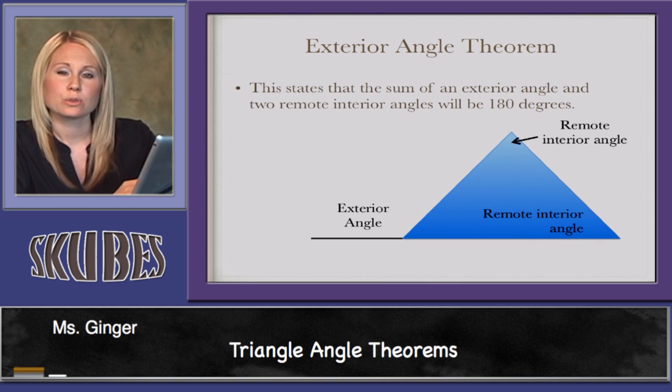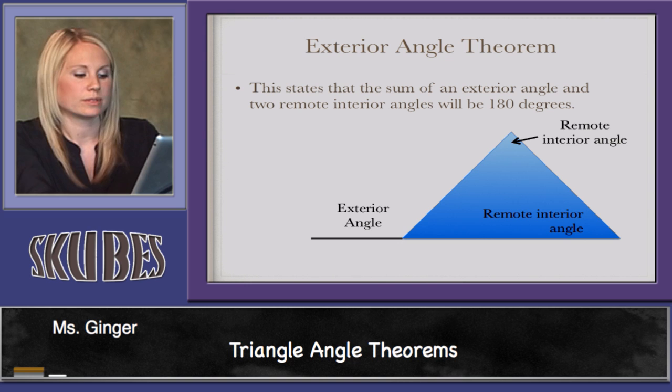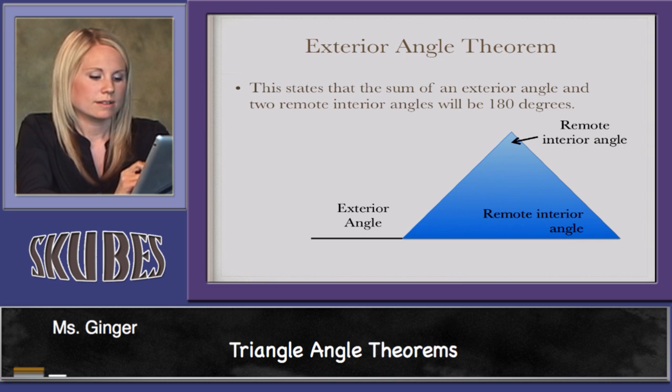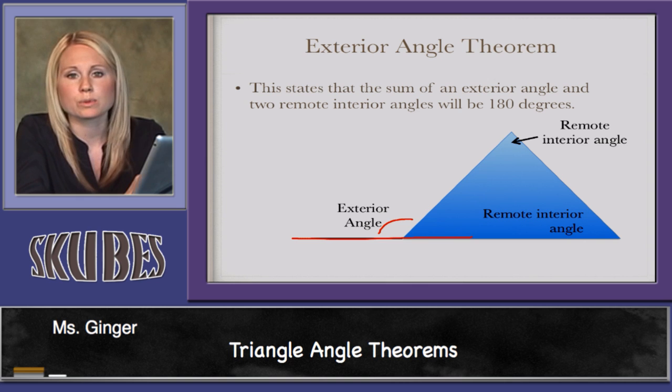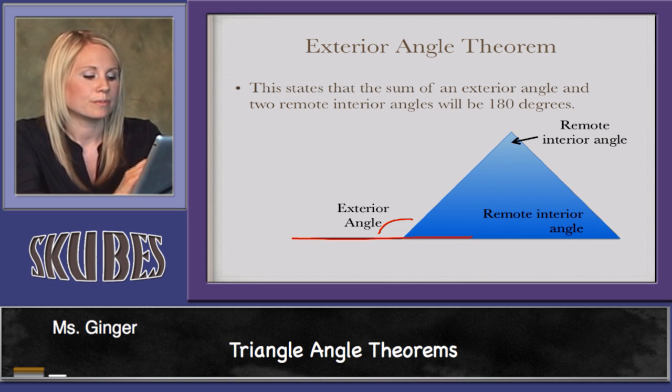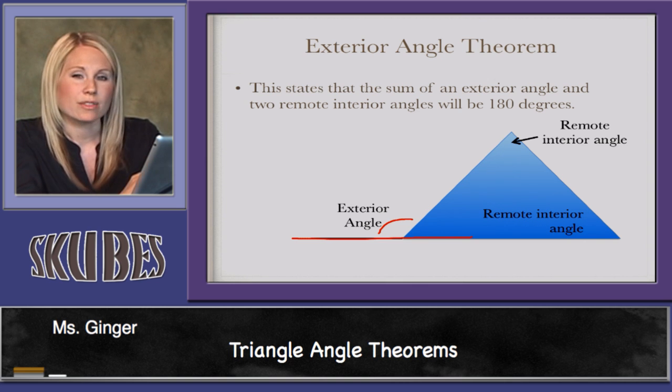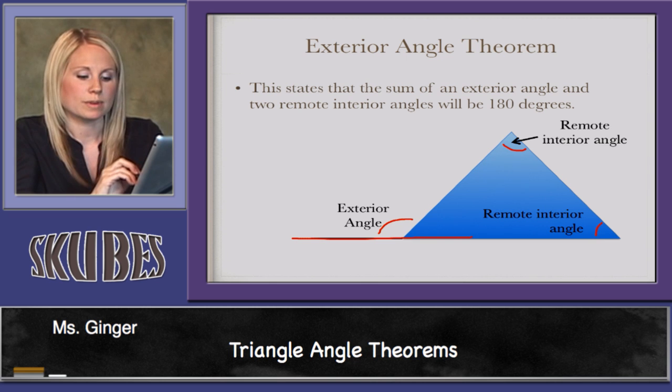Alright, let's move and talk about exterior angles now instead of interior. On this picture you can see I've extended this bottom side, and we have an exterior angle here to our triangle. And you could do this with any of the sides of your triangle. But if we're talking about this particular exterior angle, the term that we discussed earlier, remote interior angle, is going to be these two locations right here.